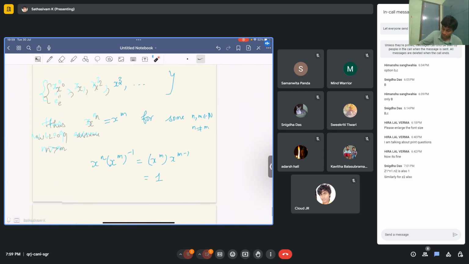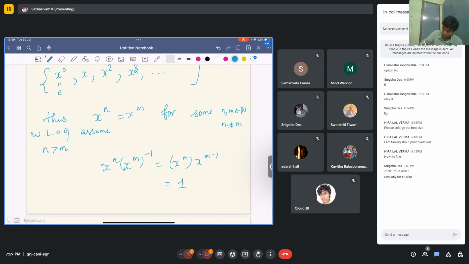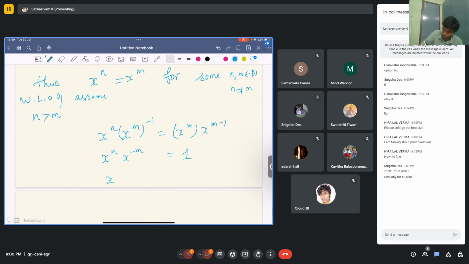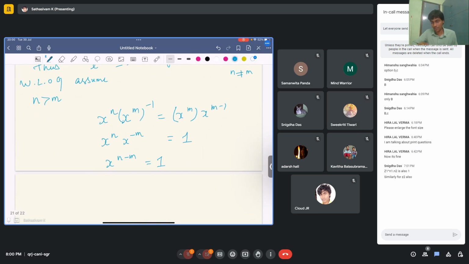If you use that property, what you will get here is x power n, x power minus m, equal to 1. So x power n minus m is equal to 1. So that means the order exists. That's all. So for some n minus m, this is equal to 1.